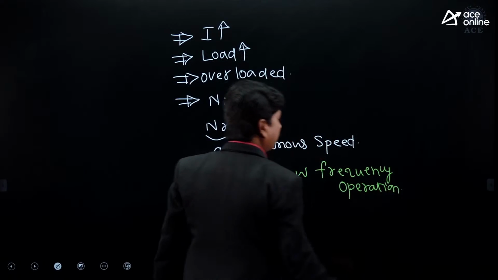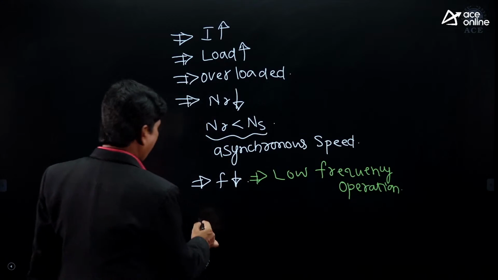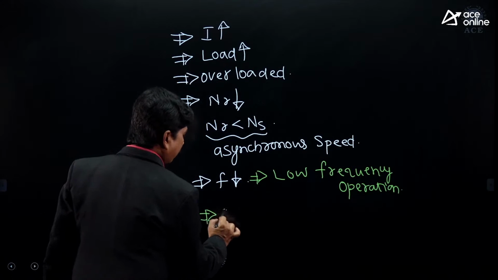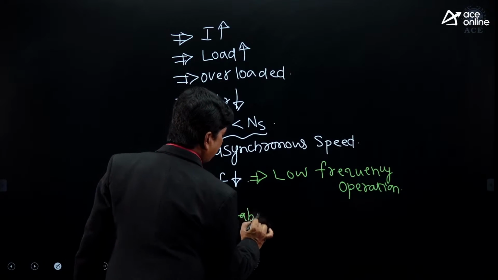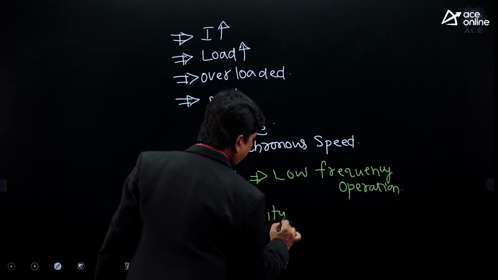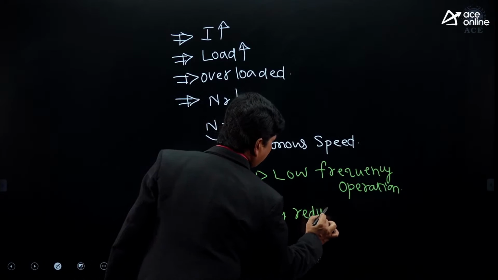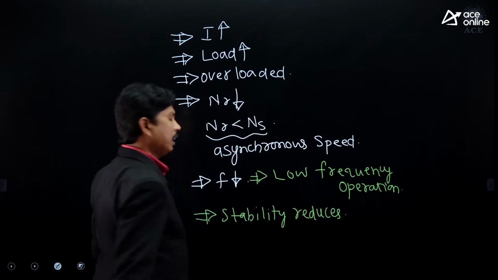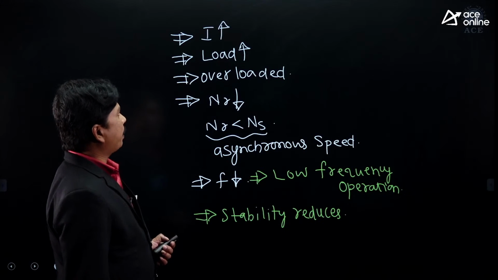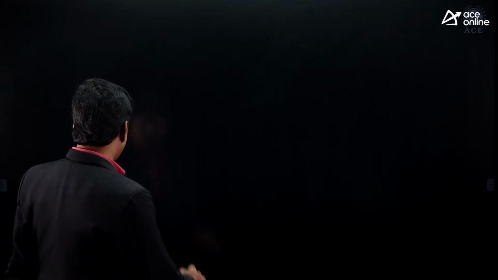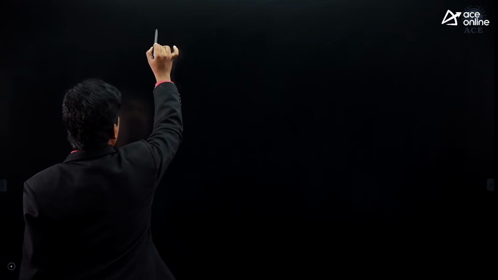And because of this, system stability will be reduced. Stability reduces. So that is how a short circuit fault we can categorize.